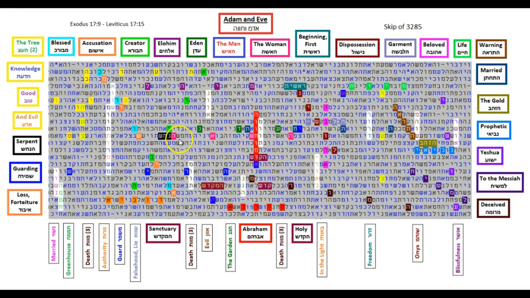And then we have the first woman, Ha'aisha, and surprisingly, it crosses over the Het, which is the first letter in the name of Eve.